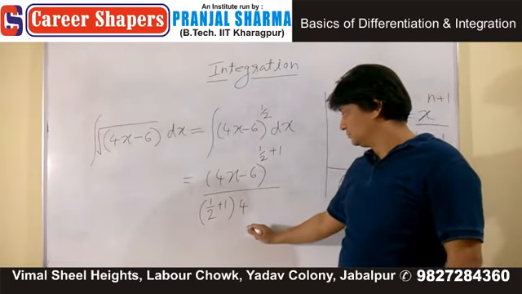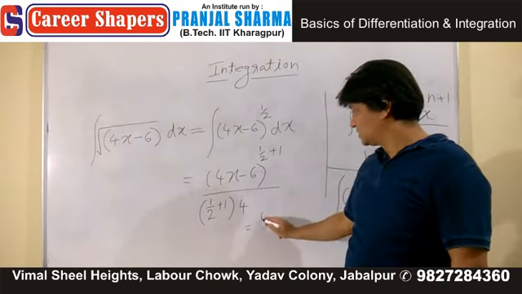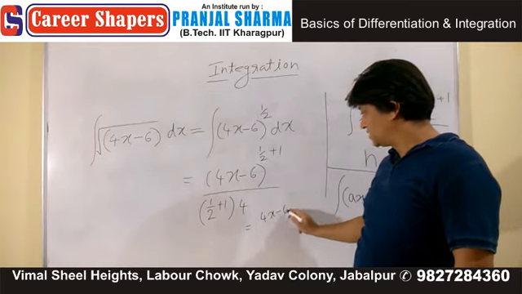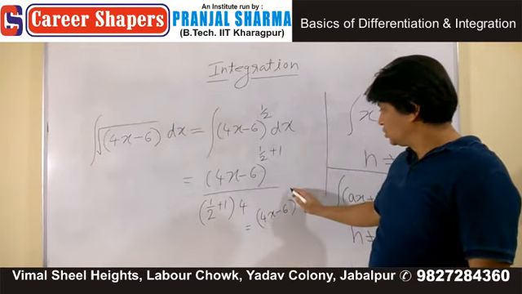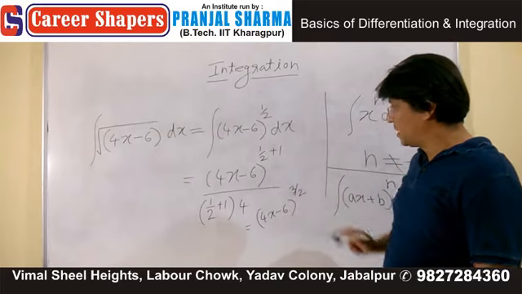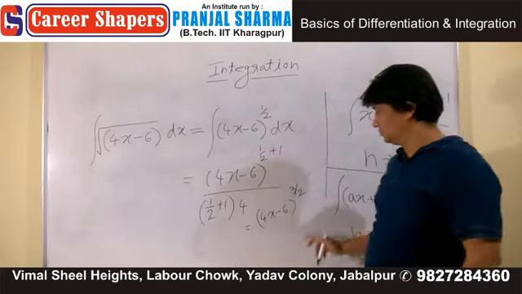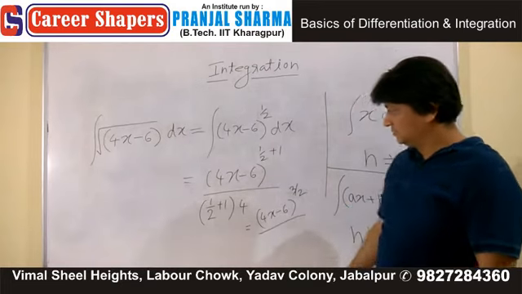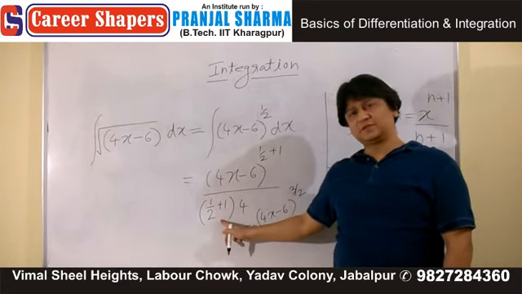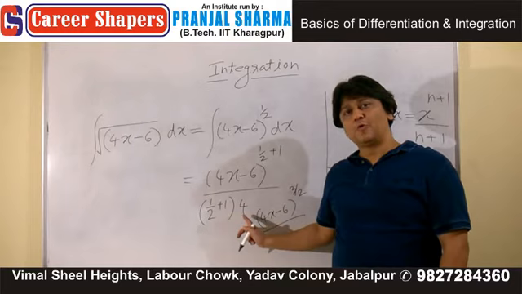This is coming 4x minus 6 to the power 3 by 2. 1 by 2 plus 1 is what? 3 by 2. Divided by 3 by 2, and 4.